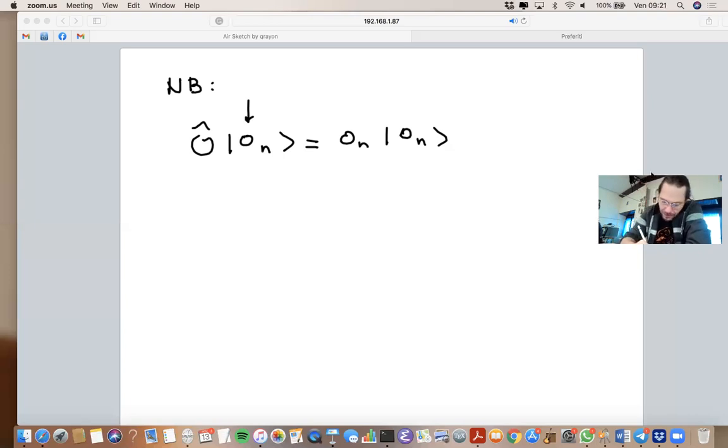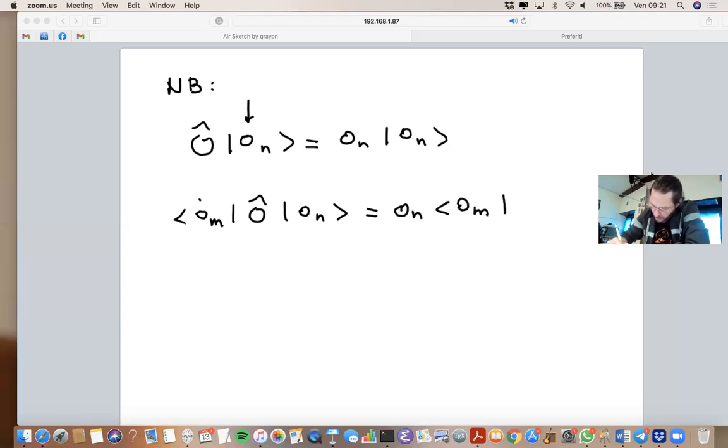Well, then clearly when I will go and build the matrix element O_M, O_N, what I get is <O_M| O |O_N>.